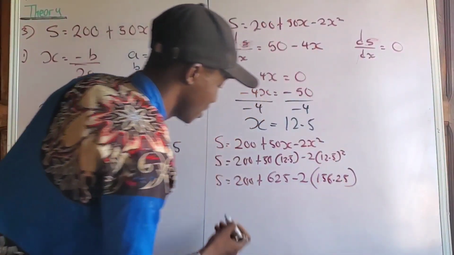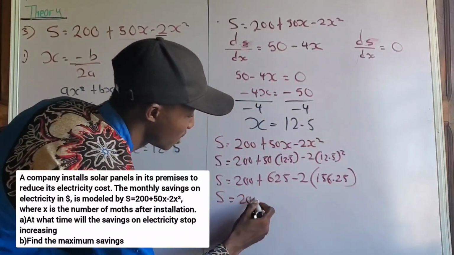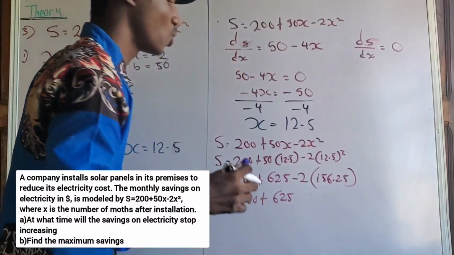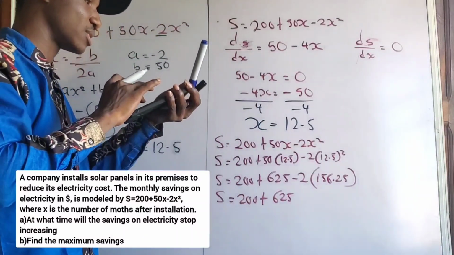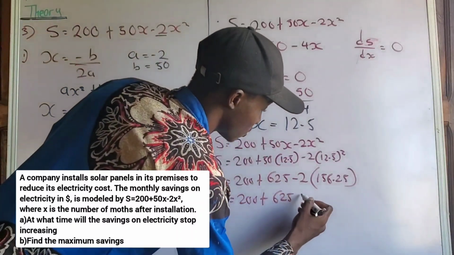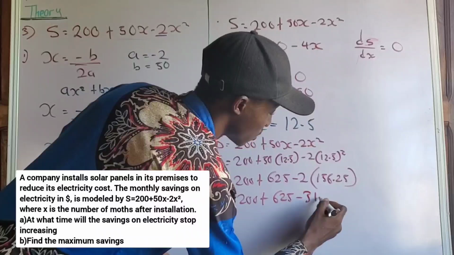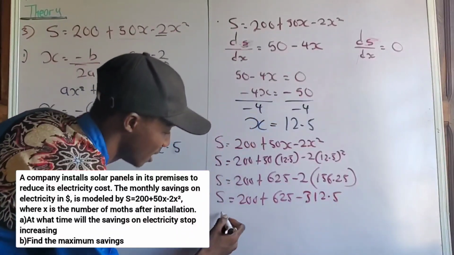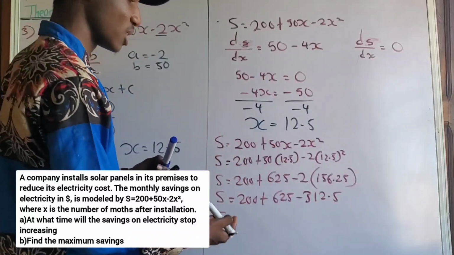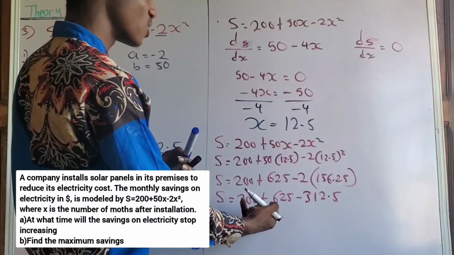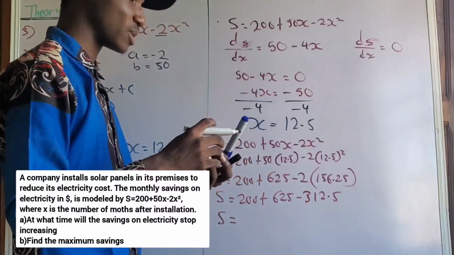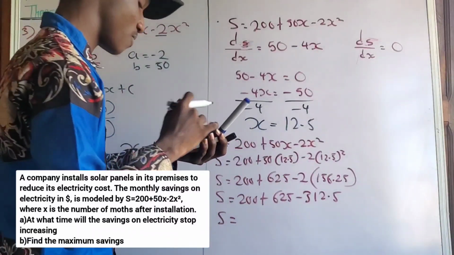So s equals 200 plus 625 minus 2 times 156.25, that is 312.5. If you add 200 to 625, you're going to have 825, right? 825 minus 312.5, that is 512.5.